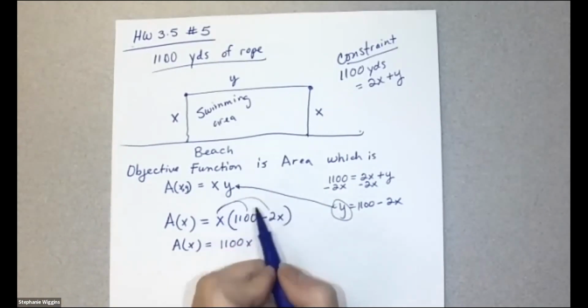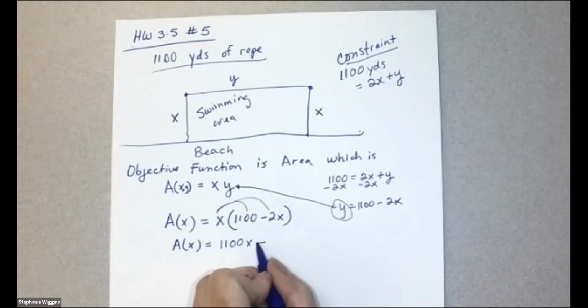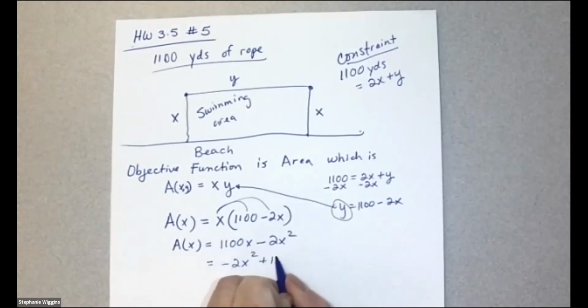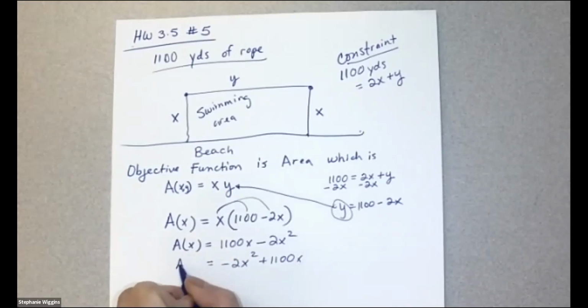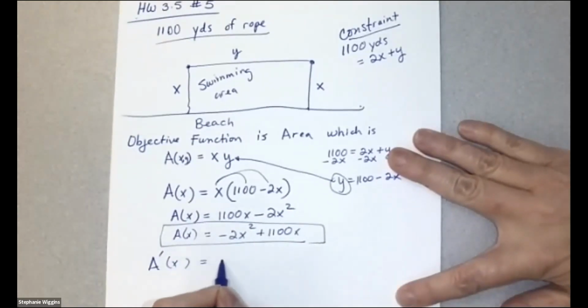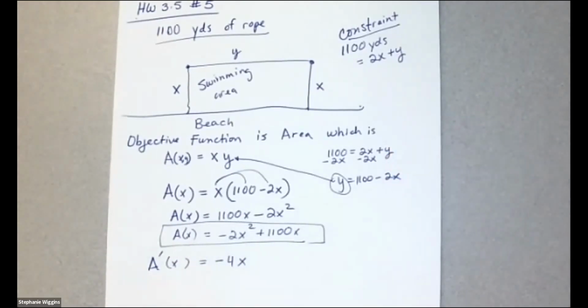I'm distributing this, right? 1100x minus 2x squared. And so I always like to write this term first, so I'm going to write it like this. So now I maximize this, so I take the derivative, etc. I'll let you guys finish it, okay? You set that equal to 0, etc., etc., okay?